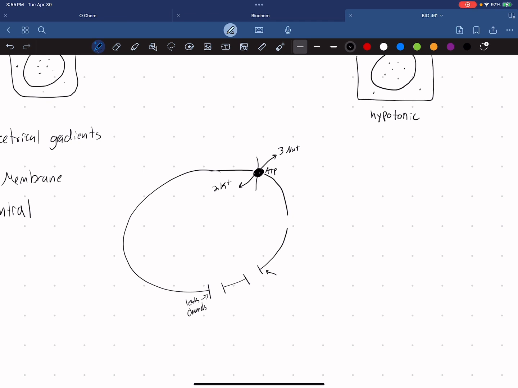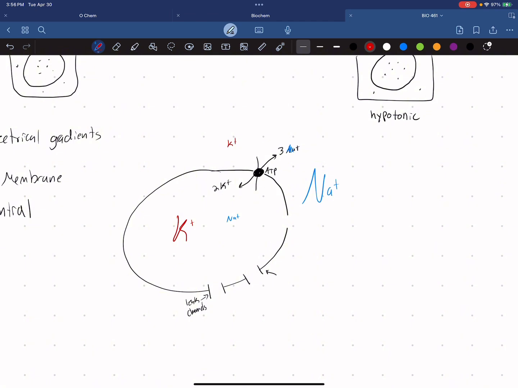And so what happens is we have a high concentration of sodium outside of the cell due to this pump, and a low concentration inside of the cell. Also, because of this pump, we will have a higher concentration of potassium inside the cell and a lower concentration outside of the cell.